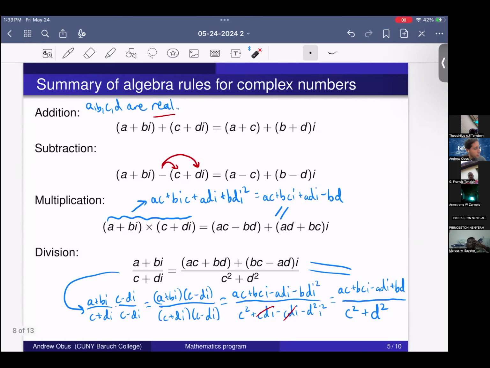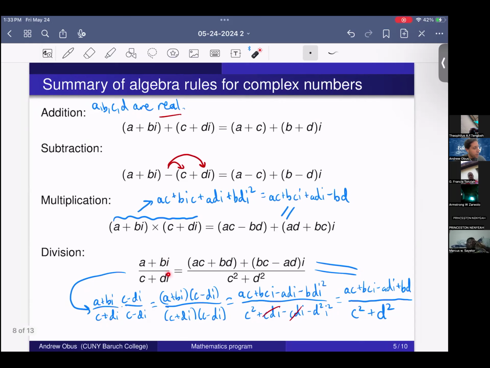Well, this is what we start with, right? We're starting with A plus Bi over C plus Di. This is just the expression we're trying to figure out, okay? So what I'm doing is I'm multiplying by 1. I'm multiplying by C minus Di over C minus Di, which is just 1. So I'm allowed to do that, right? And this is exactly what happens when we're trying to rationalize the denominator.